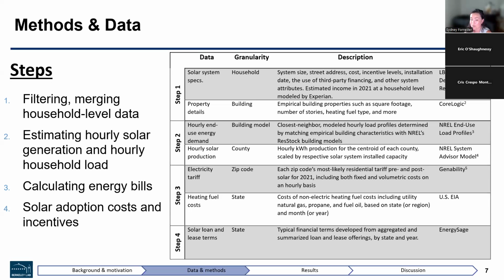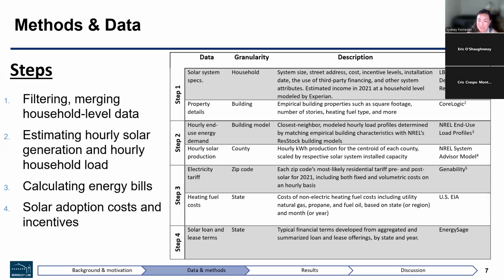What we had to do is look at the data, and then based on the solar system size, the state, and the year, we come up with assumptions based on those three things that we can then apply to the adopter. This was the area of the most uncertainty, and obviously it has huge importance to our results just because it's the cost part of the benefits versus costs in that numerator.